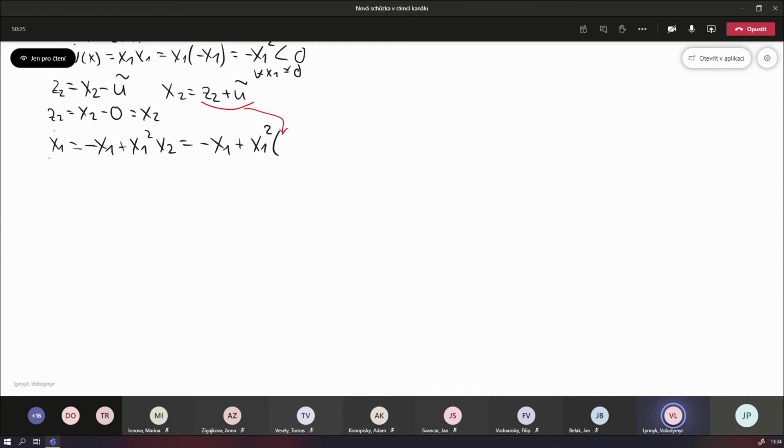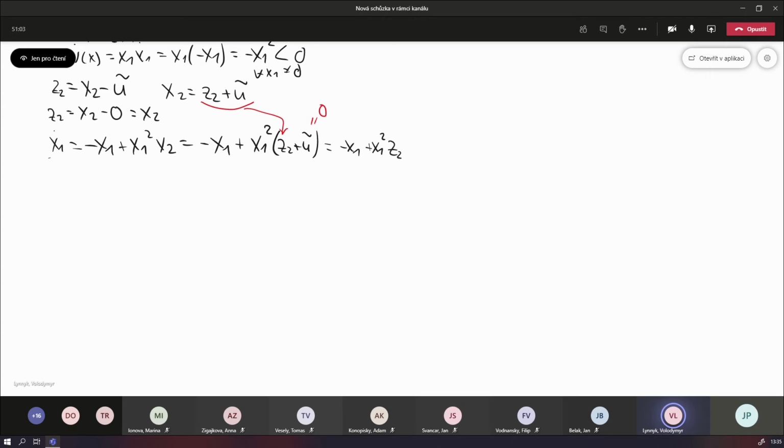And x2 equal to the same step, put here z2 plus u with wave. Okay, and it's equal to minus x1 plus x1 squared and only z2, because this u equal to 0.